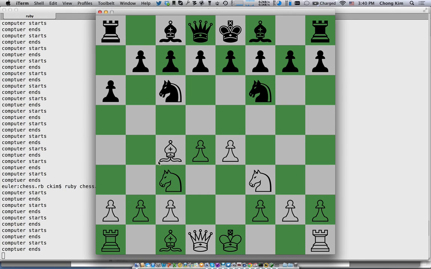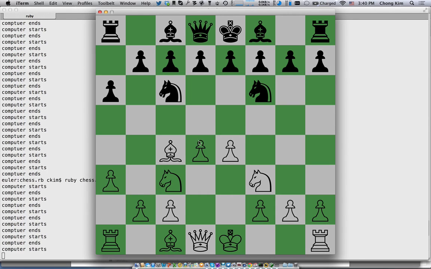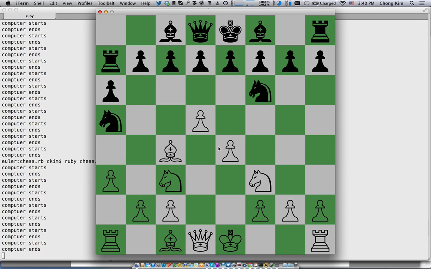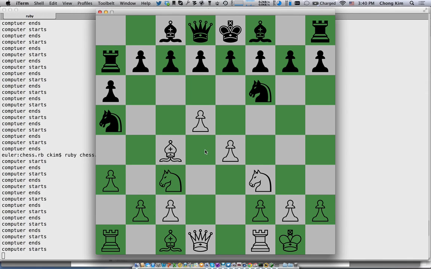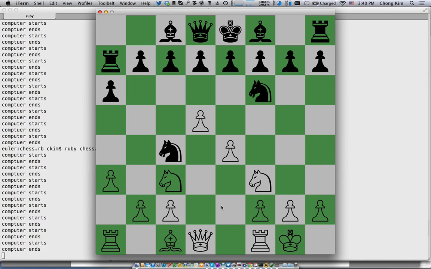Okay. Okay, let's move the knight back. Oh, the knight moves there. So I'm going to start losing my bishop. Just going to castle, and it should take my bishop. Okay, it did, which is good. I'm going to do this.